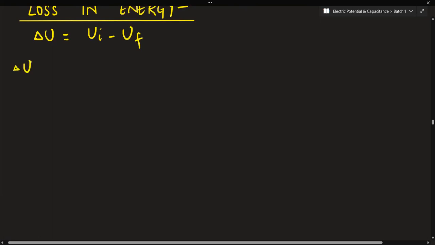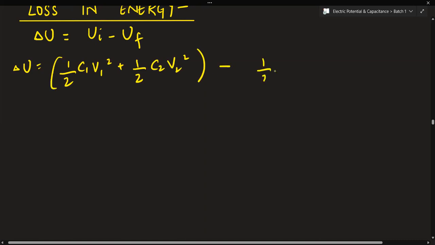This is the initial energy, minus the final energy. See, in final energy, what happened? V became the same for both of them: half C1 plus C2, V square. Initial energy minus final energy, we are subtracting it.